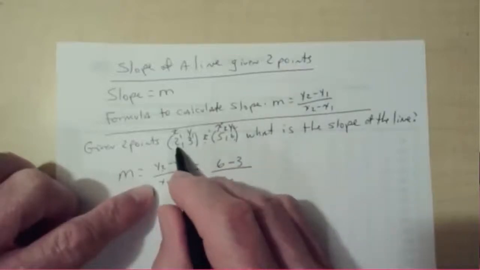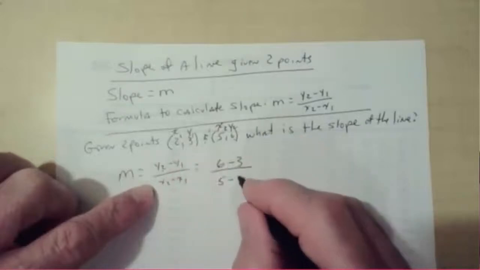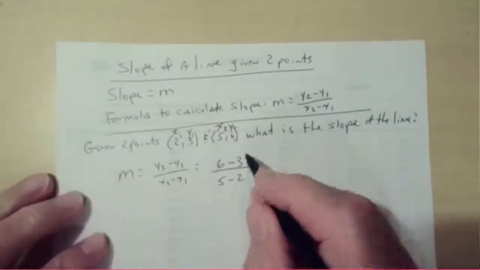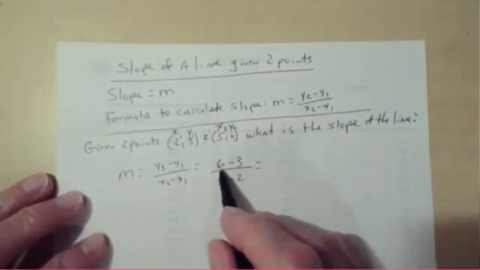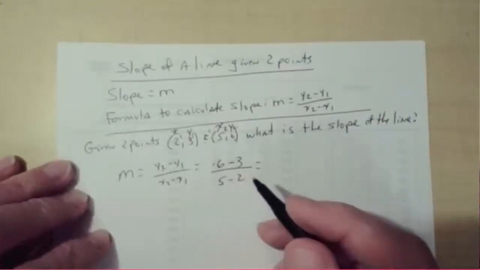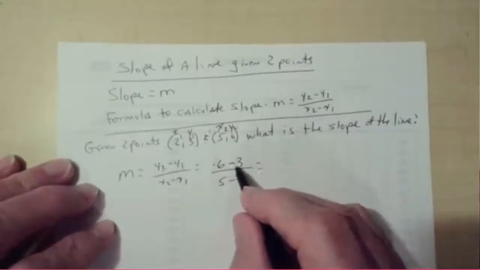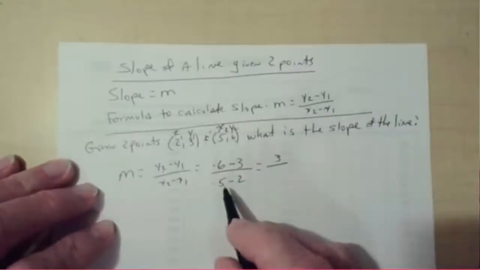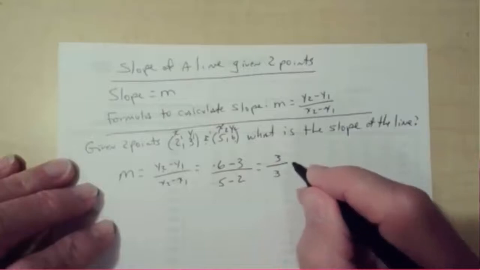Now remember, the fraction bar kind of acts like parentheses. So we're going to do the numerator and denominator first. 6 minus 3 is 3 over 5 minus 2 is also 3. So our slope is 1.